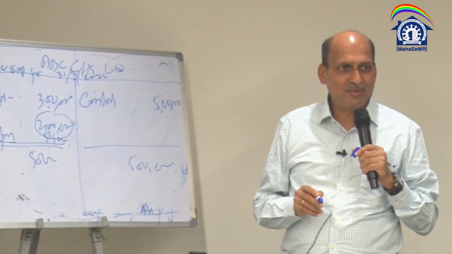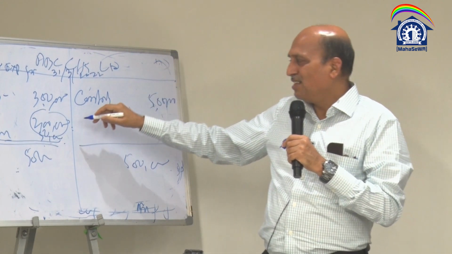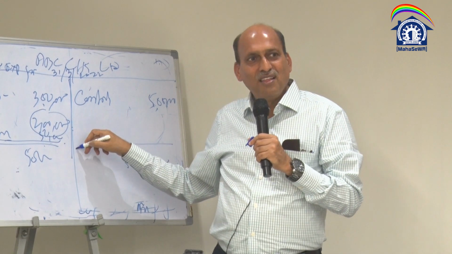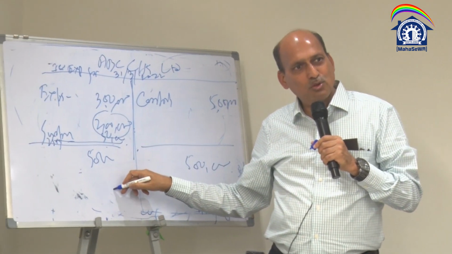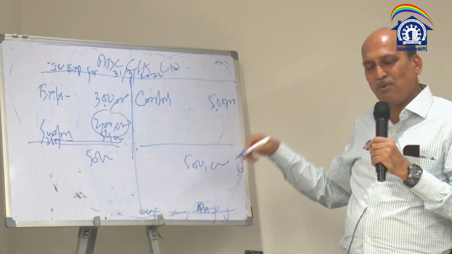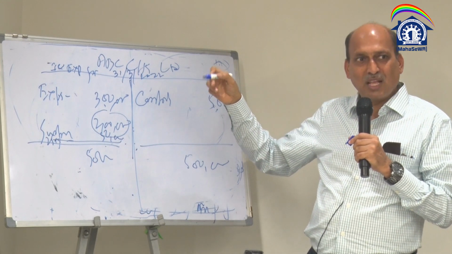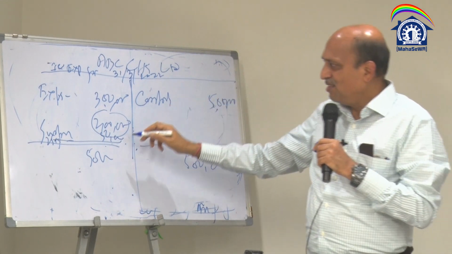What should I do? I should carry forward to the next year, because in the general body a resolution will be passed. Out of this 2 lakhs, 25%, that is 50,000, will be transferred. Then that 50,000 which I need to transfer from the income and expenditure.